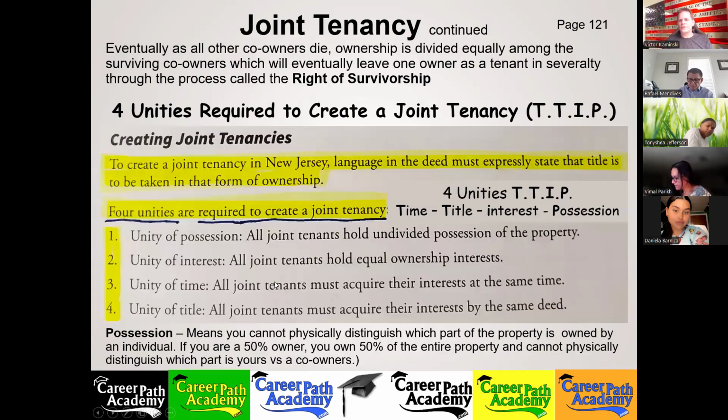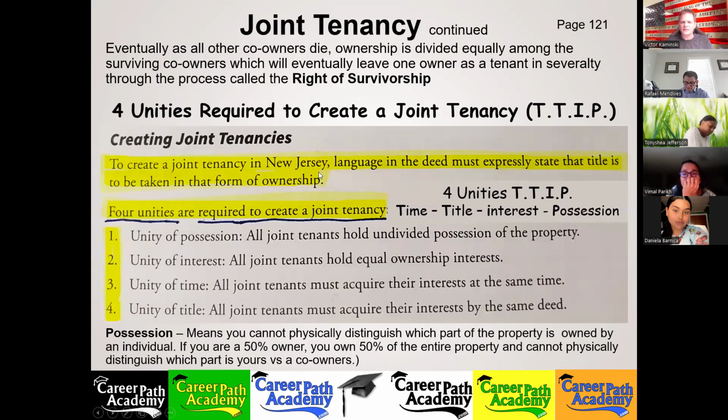So there are 4 unities required in order to create a joint tenancy. TTIP is an acronym to remember it. The unity of time, title, interest, and possession. If you don't have those 4 unities in common, then you know it's not a joint tenancy.